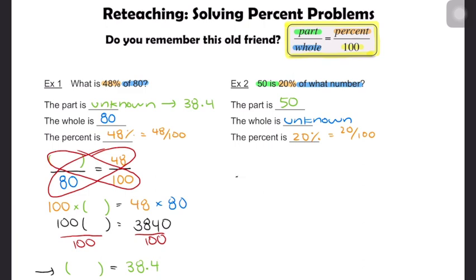On the left side, we're going to have our part, which is 50, over our unknown, which is the whole, right? We're going to leave that as a blank. It's going to be equal to 20 over 100. And so we're going to use that technique of cross multiplication, where I'm going to multiply 50 times 100.